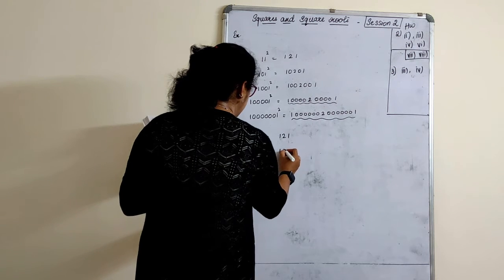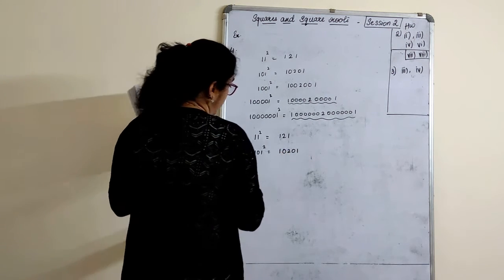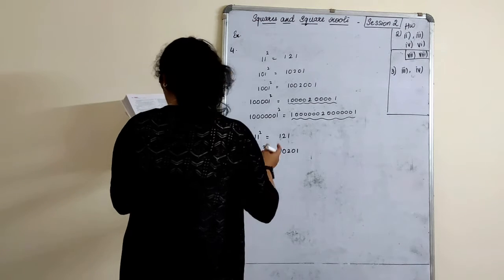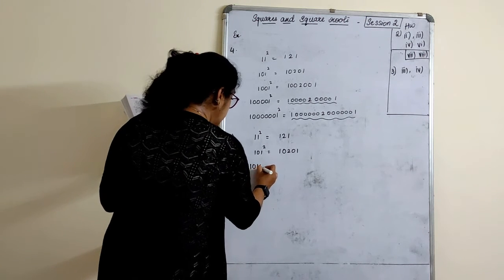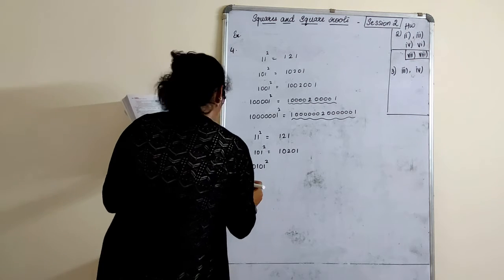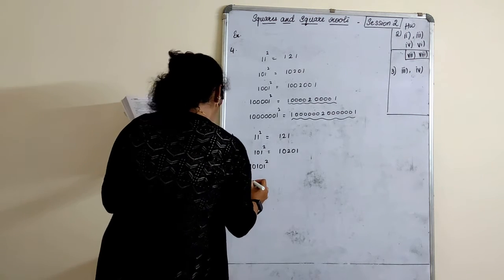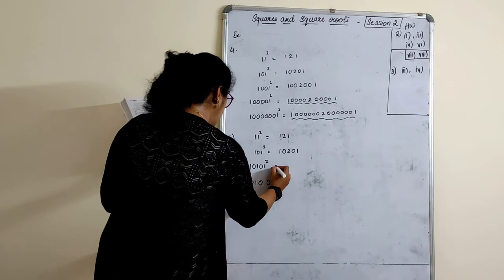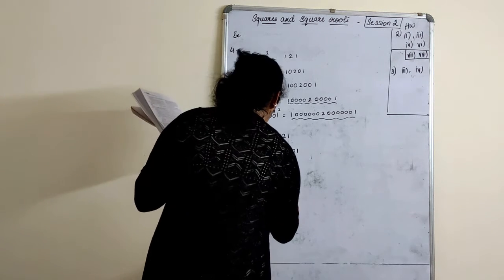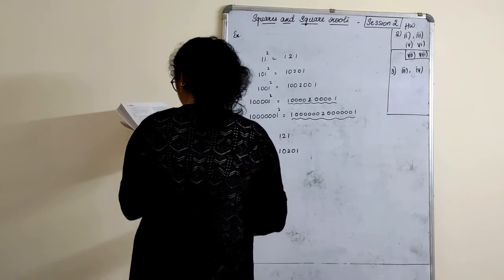That is 10201. Right? Now if you have a number like 10101 whole square, the next is 1010101 whole square. And the last, they have given us the answer, where we need to find it.